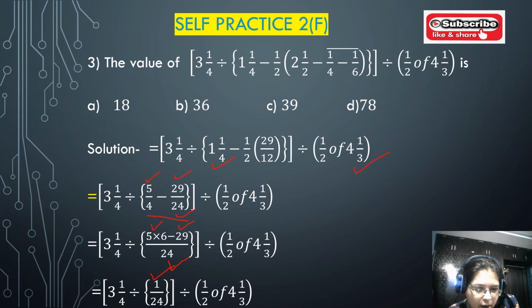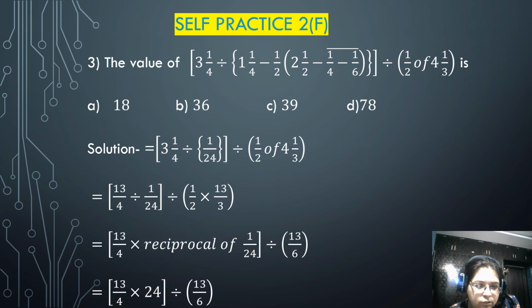Division of half of 4 1/3 is inside the parenthesis. Now we get 3 1/4 division of 1/24, that is inside the square bracket. Division of 1/2 of 4 1/3, that is inside the parenthesis.